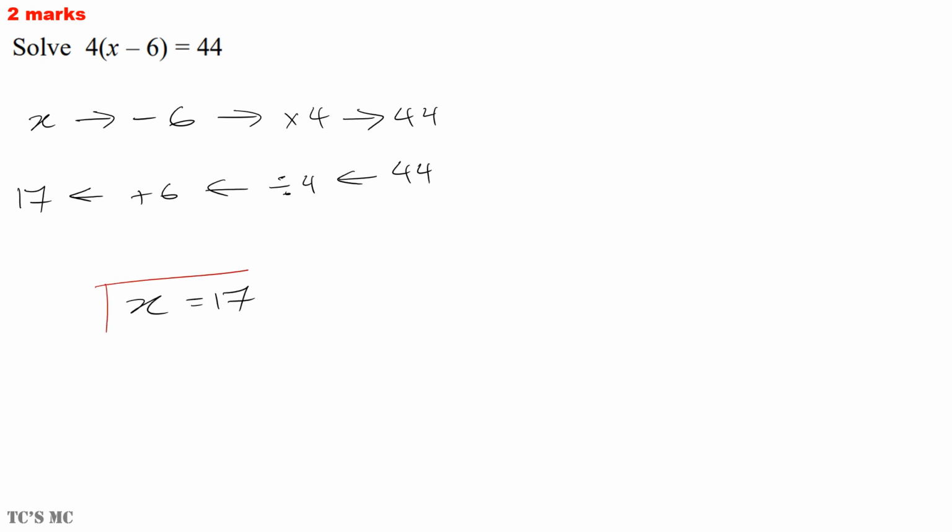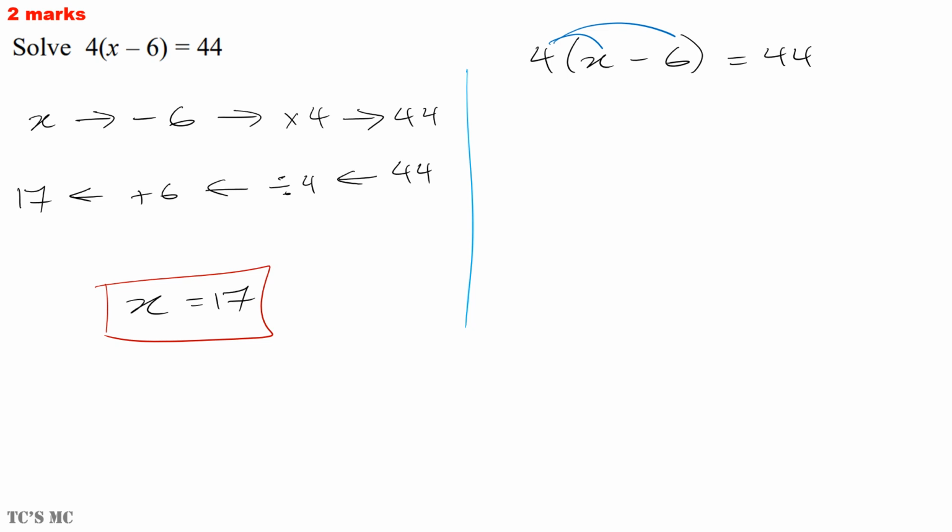That is one method to solve this equation. Another method is to expand first. So instead of taking it as it is, we would say 4x subtract 6 equals 44 and then expand. So now we are solving 4x subtract 24 is equal to 44.